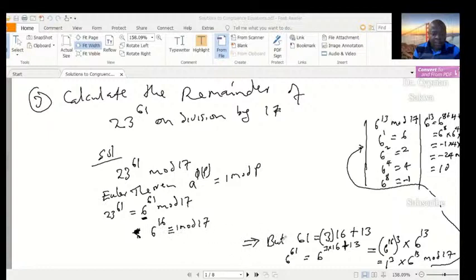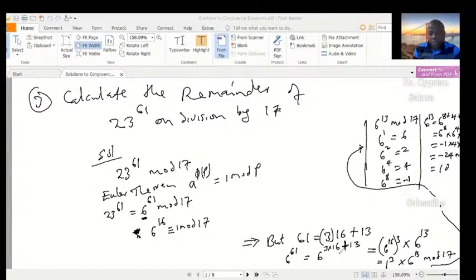I write 61 in terms of 16. So I divide 16 into 61. It will go there 3 times, and the remainder will be 13. And so therefore, 6 raised to 61 can be written as this.